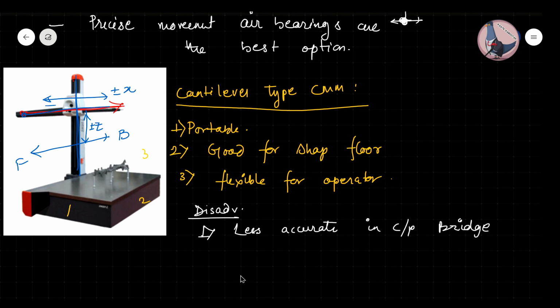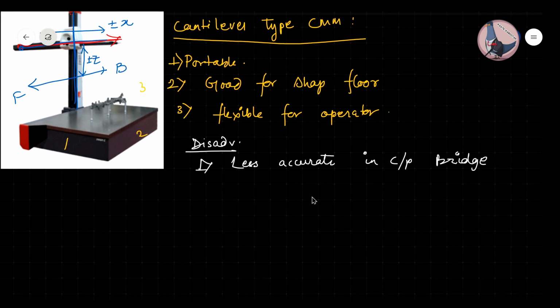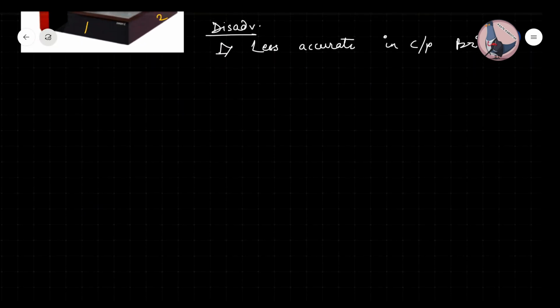The same product might come after 6 or 7 months for rechecking or verification, and in that case it will show some deviation. So such deviations are to be taken care of while using these cantilever type CMMs. So these are relatively less accurate when compared with the bridge type.